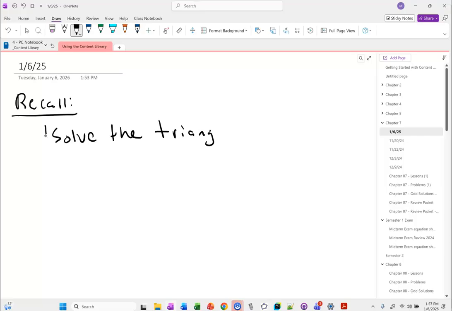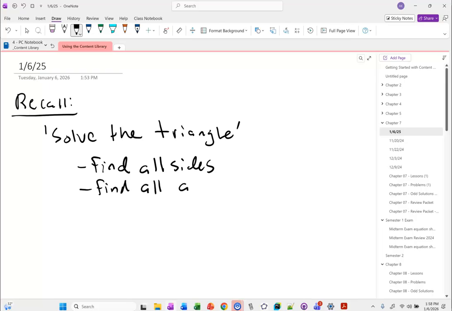you guys should remember the direction from geometry: solve the triangle. What does this direction mean when you're asked to solve the triangle? Rocco. Yeah, so we need to find all the sides and all the angles. Okay.